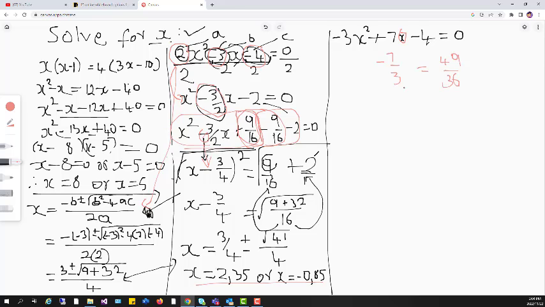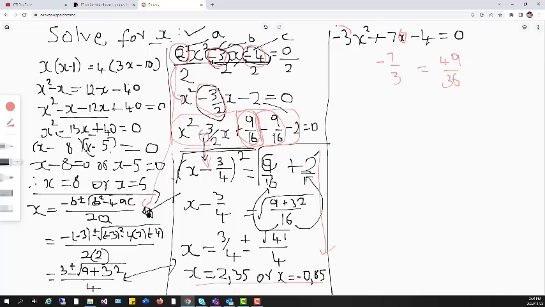So you will then add that and subtract it from the equation, so that you can take the other terms to the right hand side, and you leave the positive 49/36 on the right hand side, and then you take it from there downwards. Whether you substituted straight into the quadratic formula or you completed the square, you're going to find the same answers.